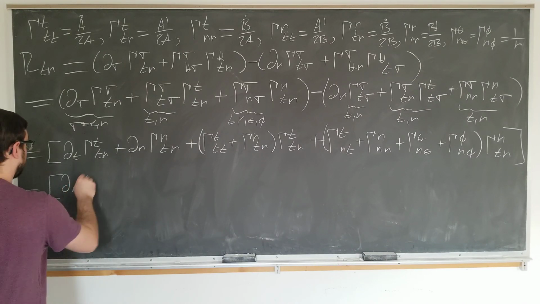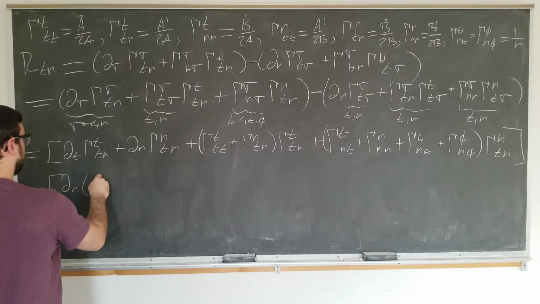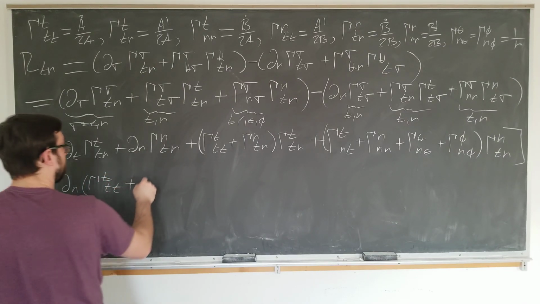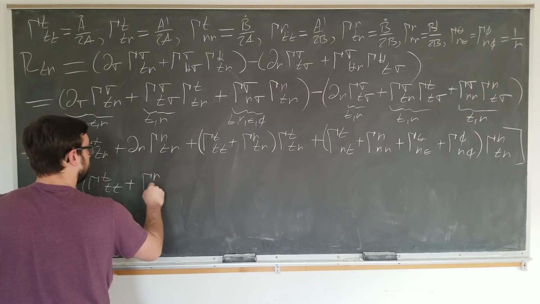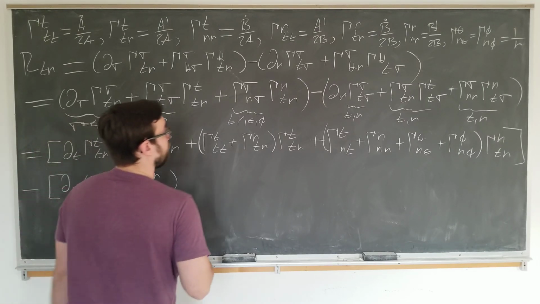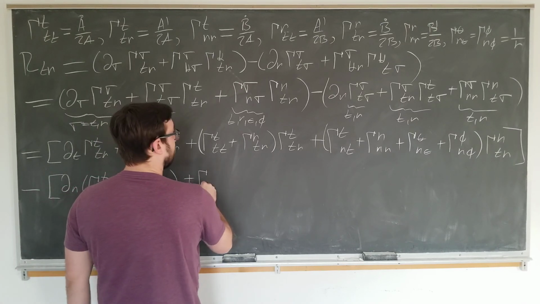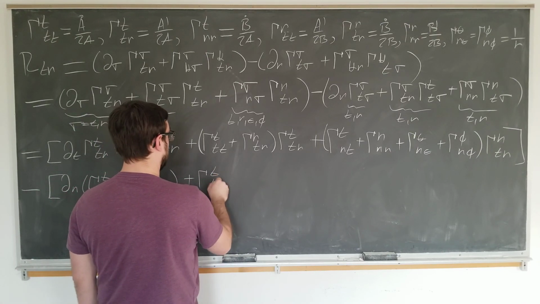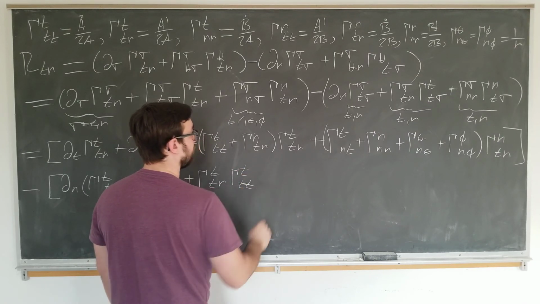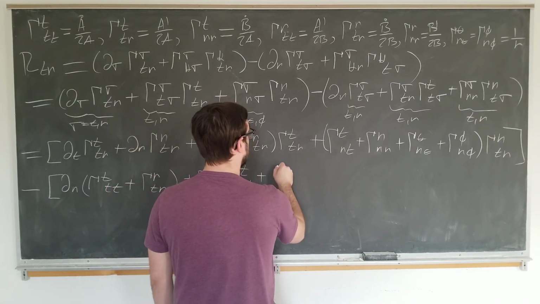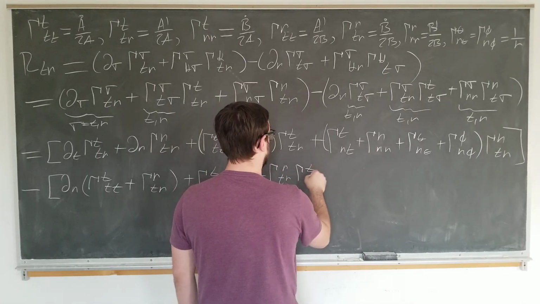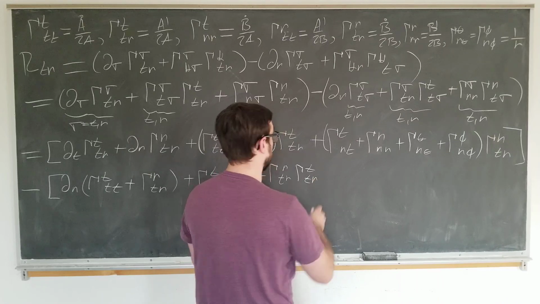Well, we have the rth derivative of TTT plus RTR. That's the first term. Plus TTR TTT, that sigma equals T, plus RTR TTR, sigma equals R, of course.